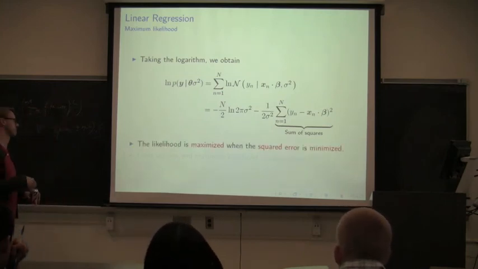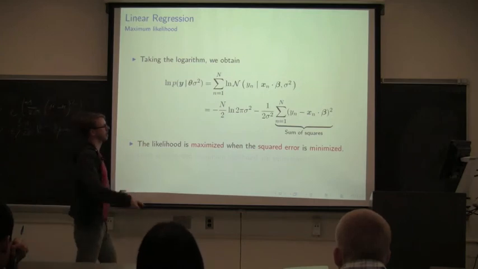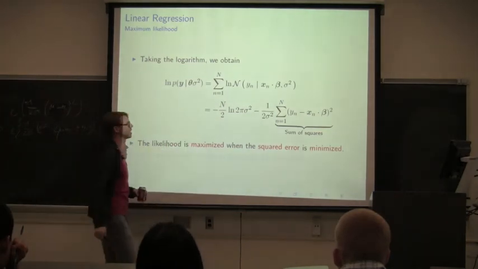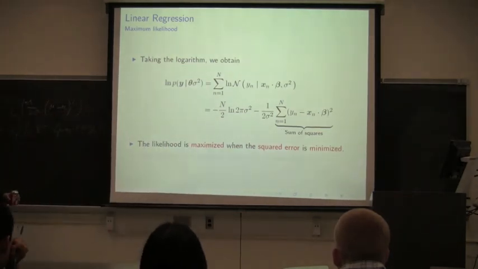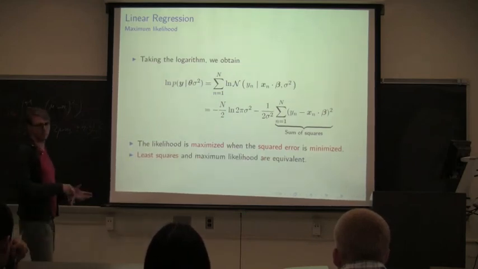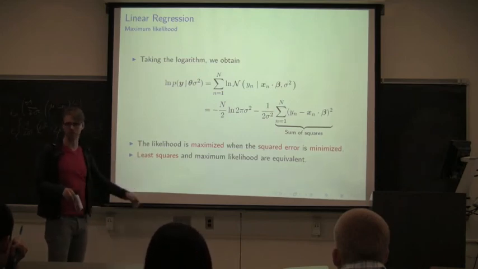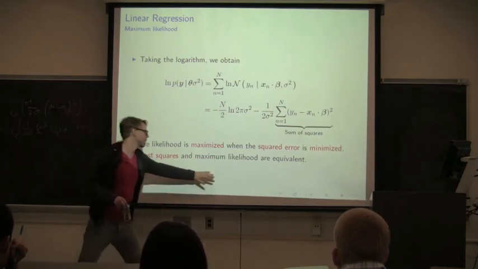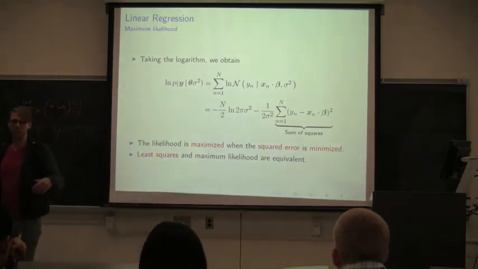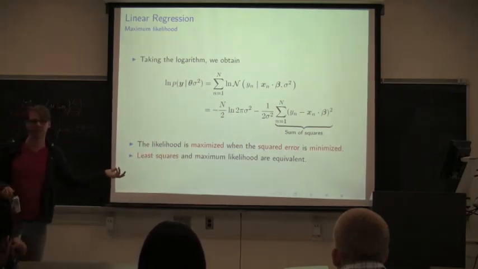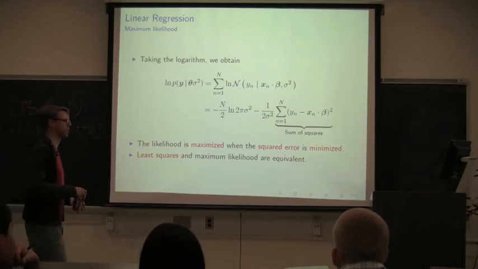The likelihood is maximized when the squared error is minimized. There's a different sign here, that's why maximization becomes minimization. And this tells us that least squares regression, which we've probably seen before, is exactly the same thing as maximum likelihood estimation in this probabilistic model. It's just a different way to interpret it.